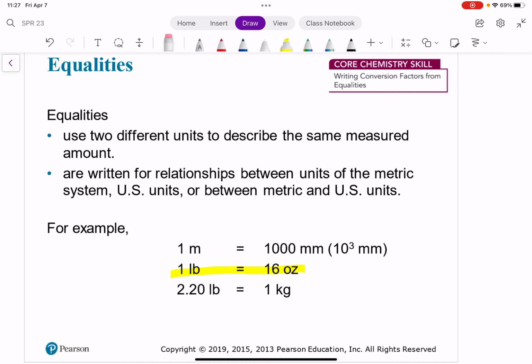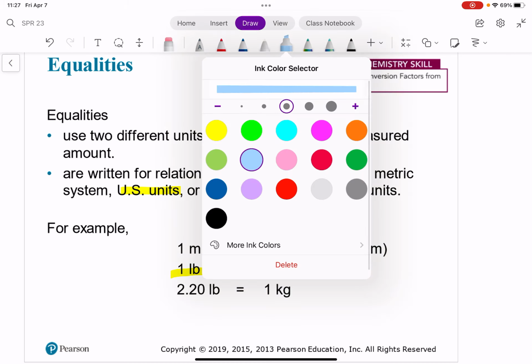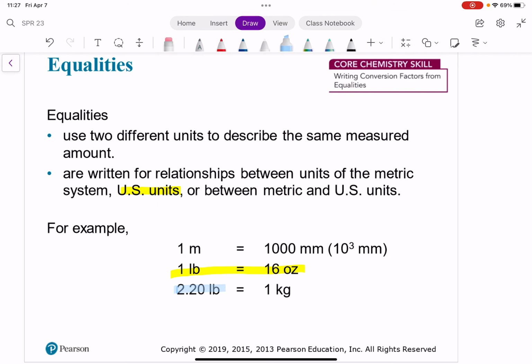So that's what this would be. Oh, sorry, I'm having technical difficulties. Okay, so these are US units, right? The pound and the ounce. And then you can also use equalities to convert between US units and the metric system. So this would be US, pounds, and this would be metric, kilograms.